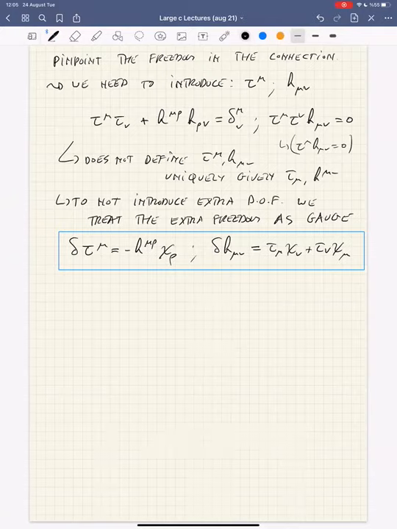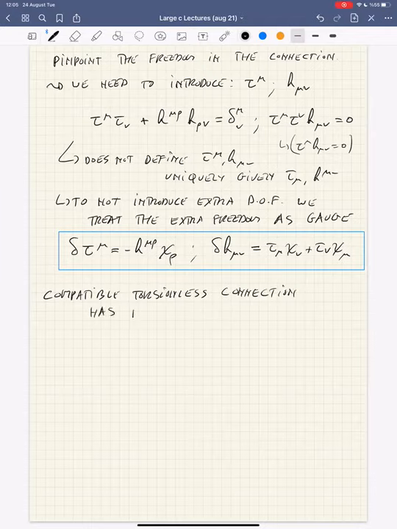Okay, good. So now again, a statement without any derivation. There are some parts in the literature where you can find the derivation. The compatible torsionless connection has to be of the form as follows. So Γ^ρ_μν equals, and there was already a question asking for this.